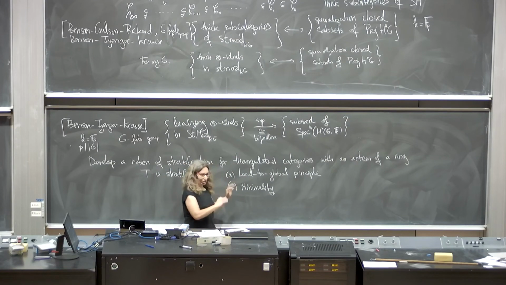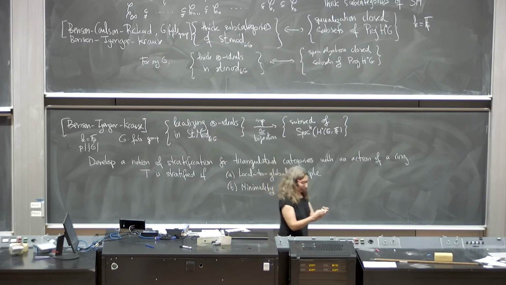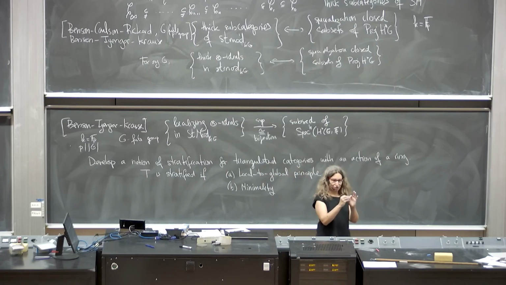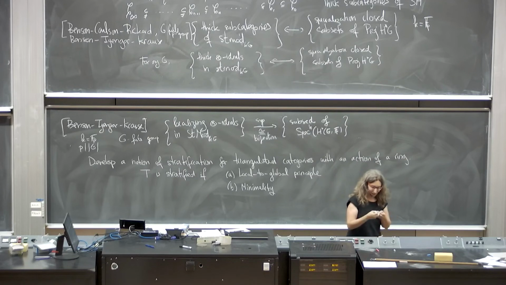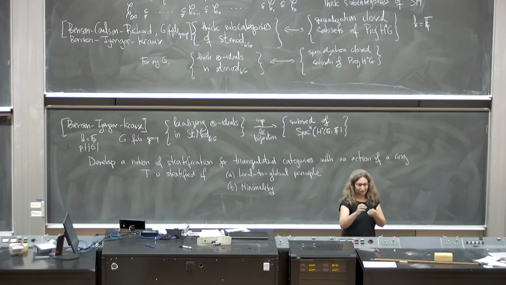I will try to explain it in words because the description is quite technical, but the local to global principle is telling you that you can split an object into the part of this object that you see at every prime, and you can reconstruct T from the information at each single prime.